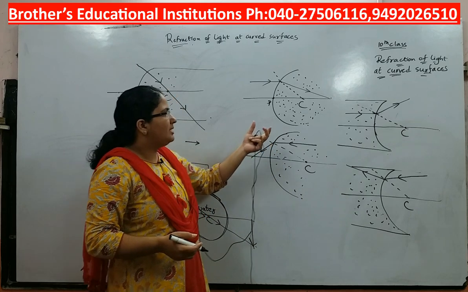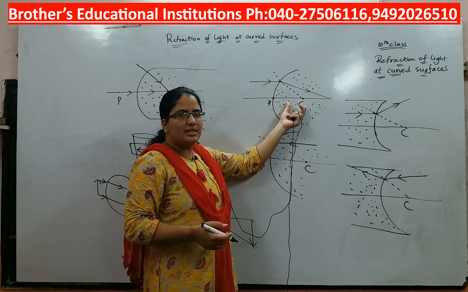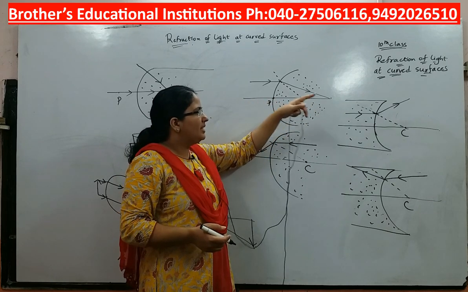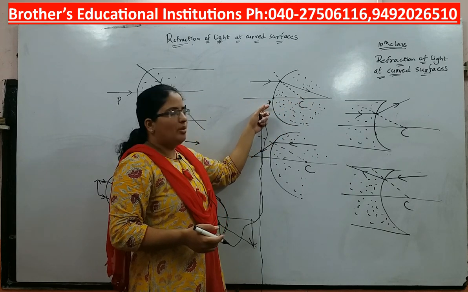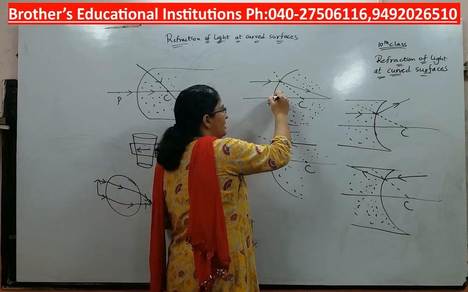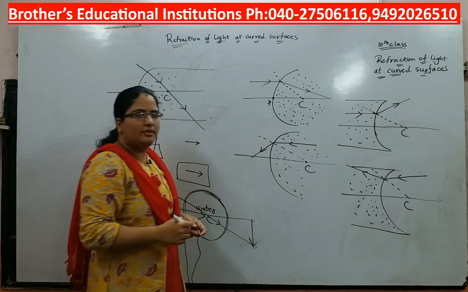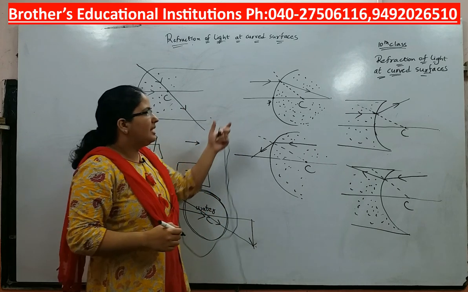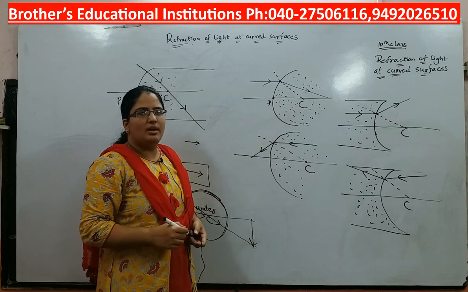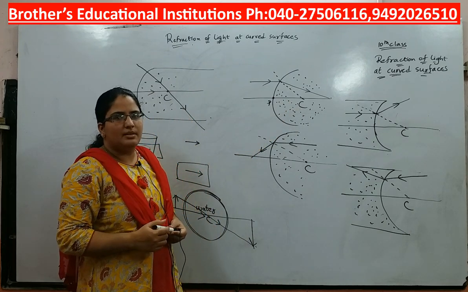That point is called the center of curvature. Pole is the midpoint of the curved surface. It is the central point of the curved surface. The line passing through the pole and the center of curvature is called the principal axis.